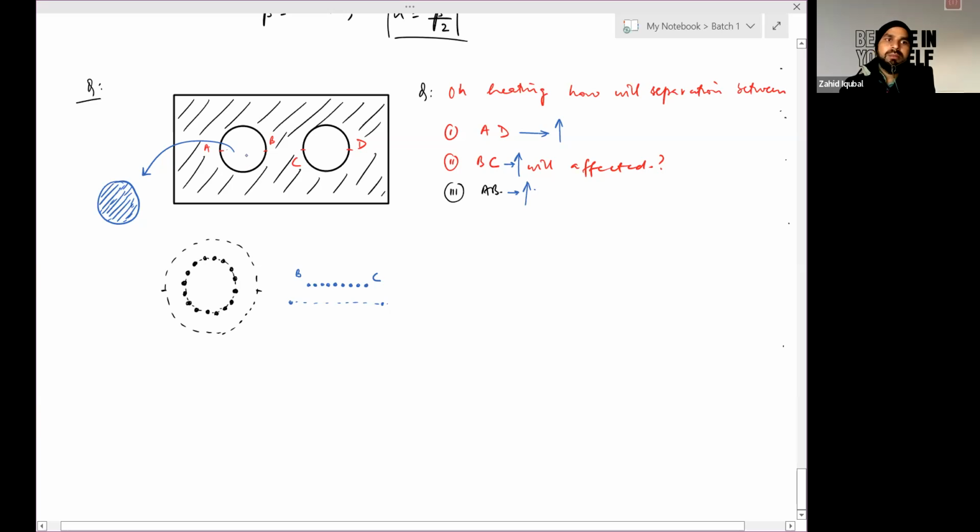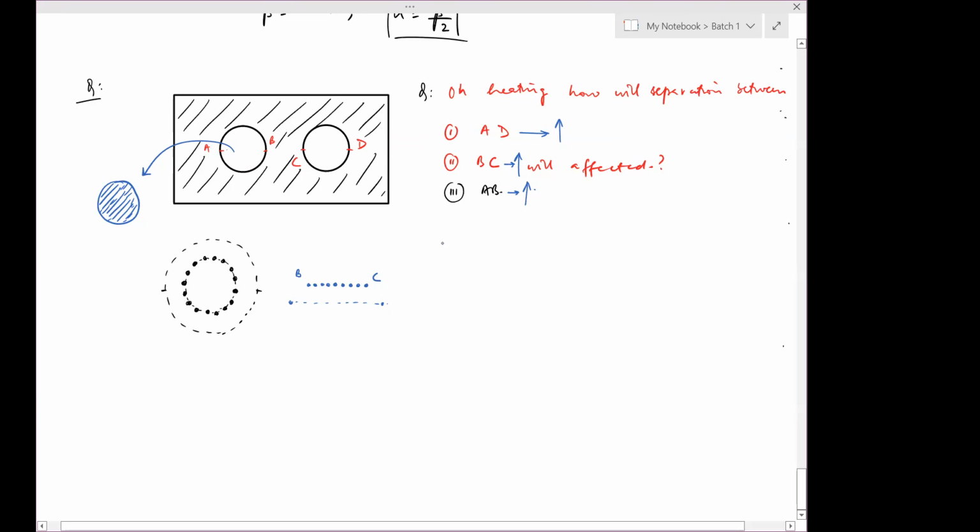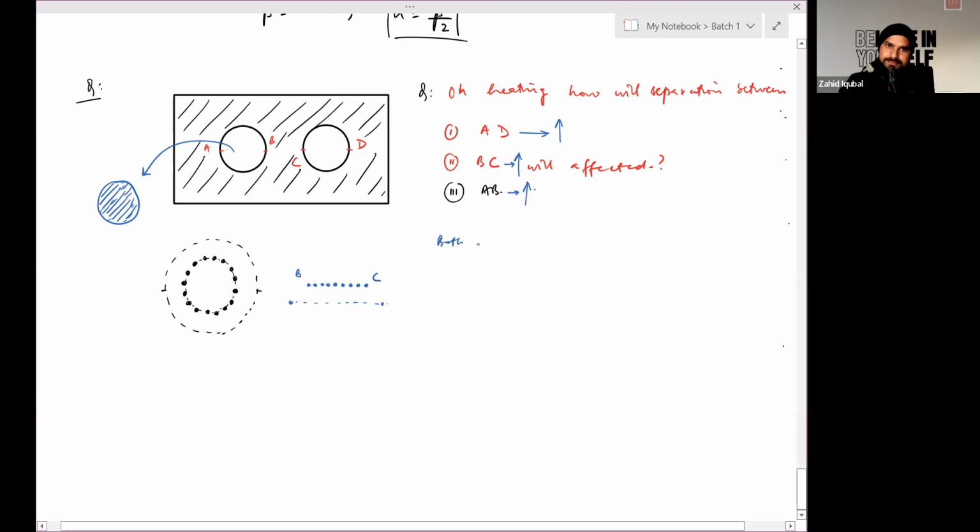So on heating, both will expand at same rate. Is it clear? Yes, sir. So both cutout part and hole will expand at same rate on increasing temperature.